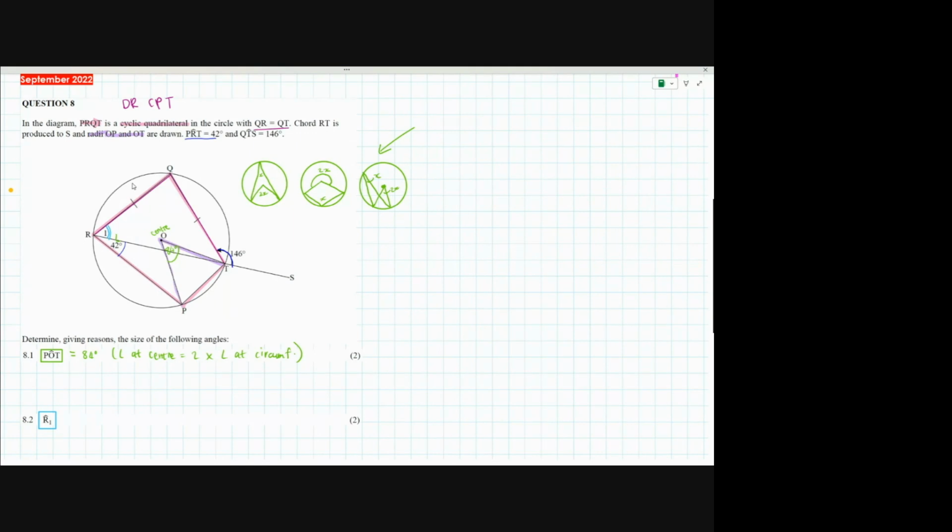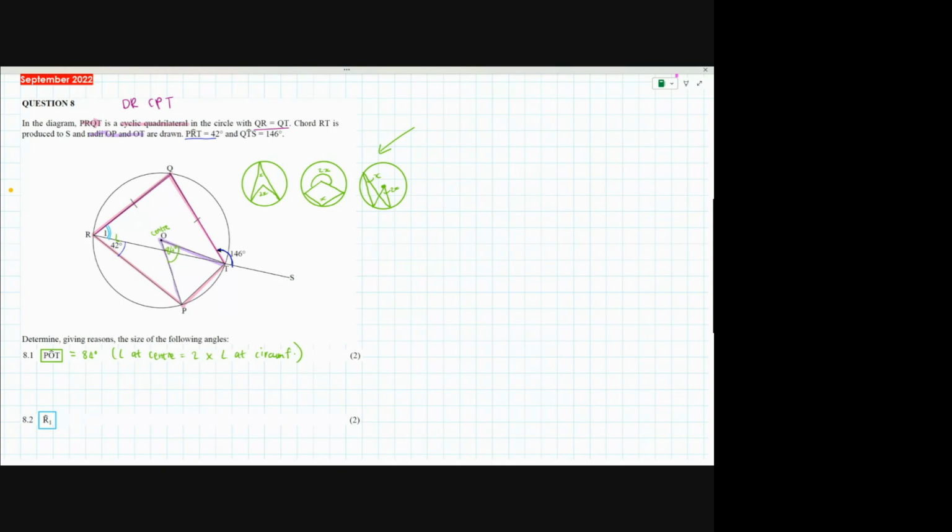So R, which would be 90, would be basically 180 divided by 2, because the angle, I think that's a Q, I can't see properly, but it'll also be a 90-degree angle.